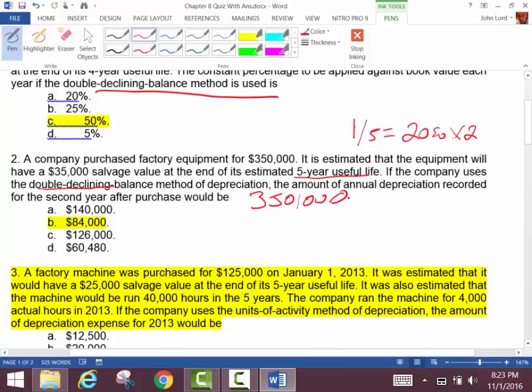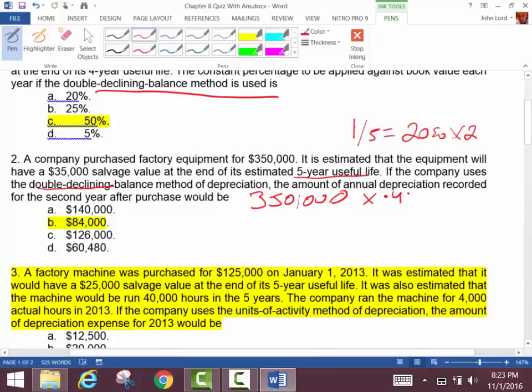Don't I have to subtract off the salvage value? I do. No, for double declining balance, I don't subtract off the salvage value. I simply don't depreciate below the salvage value, right? I'm just aware of it. Remember, in the example we just looked at, I kept doing that same, whatever it was, 13,000, and then I took the remaining amount, right? First I took 13,000 the first year, I should say. So 350,000 times what percent?